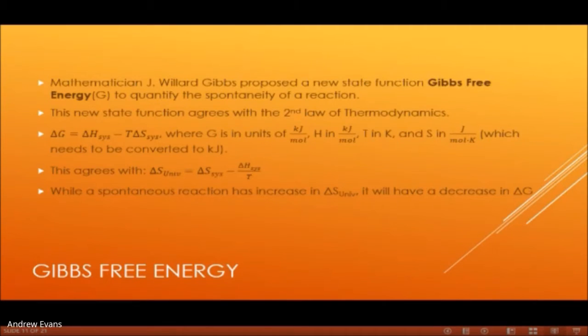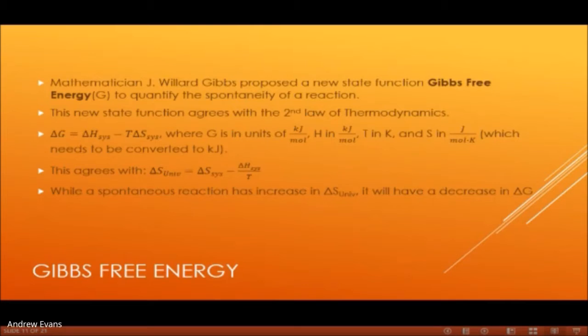But Gibbs Free Energy is a way to quantify the spontaneity of a reaction. It's really just a reformulation of the second law, that for a spontaneous reaction, entropy of the universe will increase. Well, Gibbs free energy is just a way of quantifying the spontaneity.